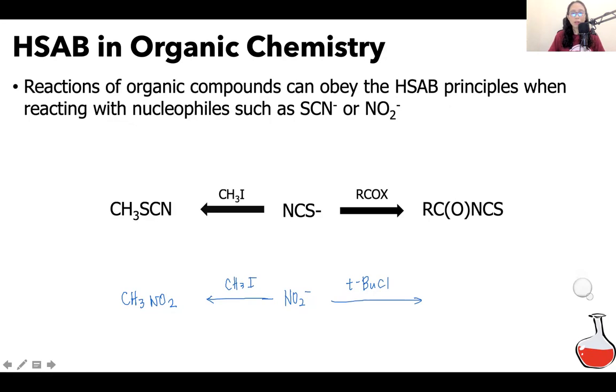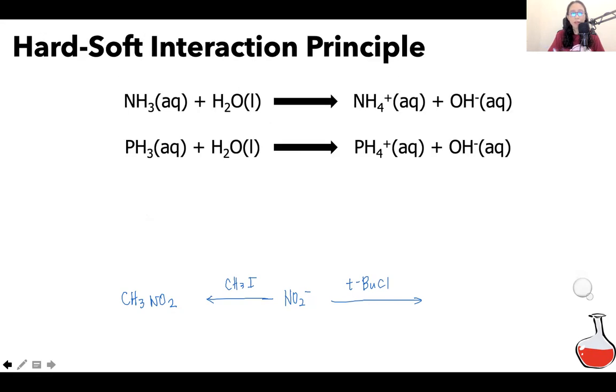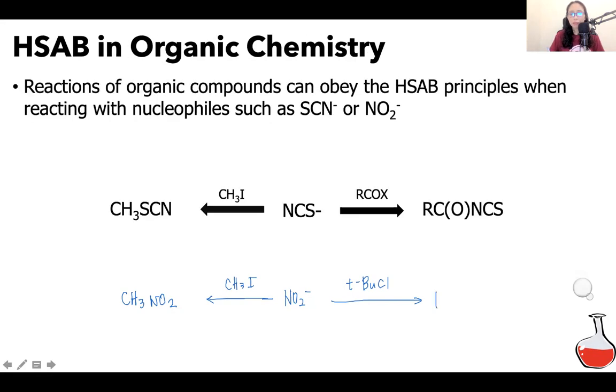So first you will have a tert-butyl carbocation because the chloride ion will leave, as it is the leaving group, and you have an oxygen atom that is bonded to the tert-butyl carbocation. This is just to represent the oxygen interacting with the butyl group. So those are some phenomena that can be explained using HSAB theory.